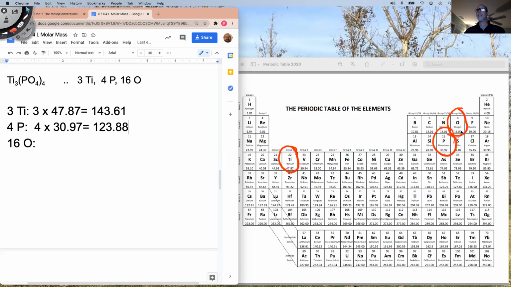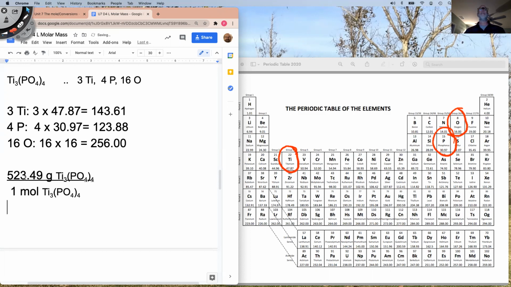Each oxygen has a mass of 16 grams, I apologize. And 16 of those, 16 times 16 equals 256. You're going to add all these numbers together, and you're going to get 523.49 grams of this titanium phosphate per mole of this titanium phosphate.